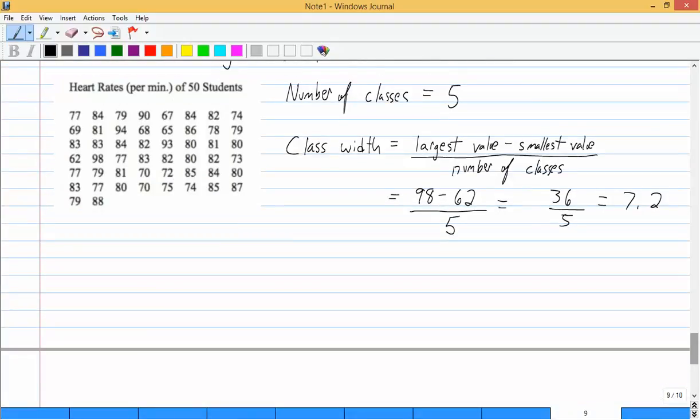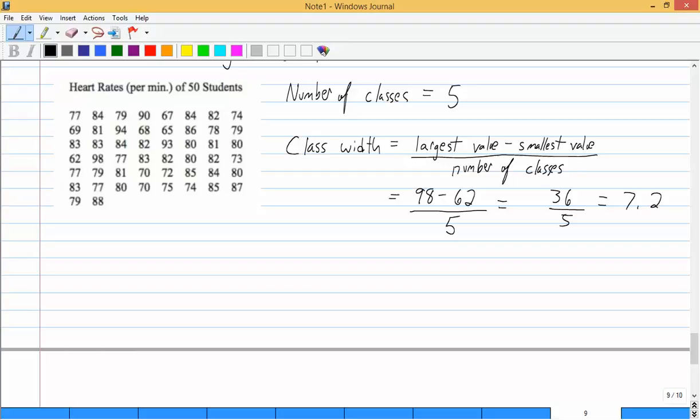What your book does is it actually just selects a number. There are some methods that some books will say to use, but usually you don't select the smallest number. Generally, if it were me, I would probably not use a class width of 7.2. I would probably use one of about 8 or 9 or something like that, because it just would make a little more sense.